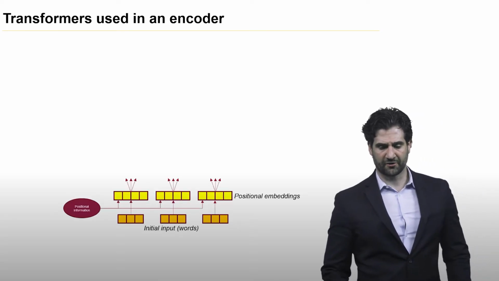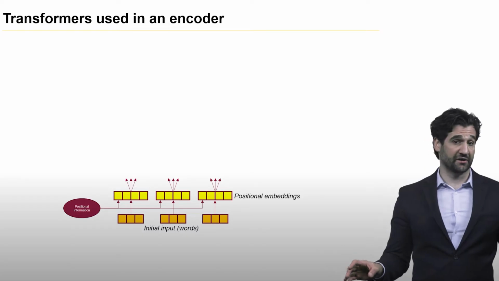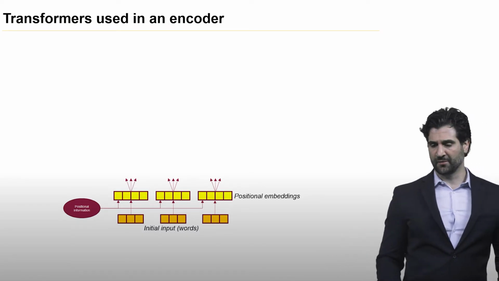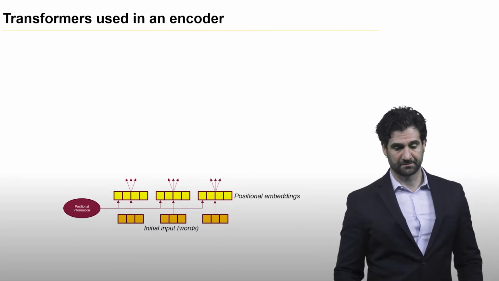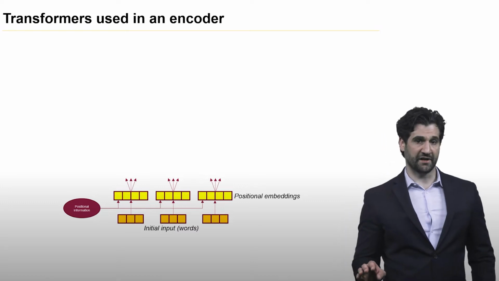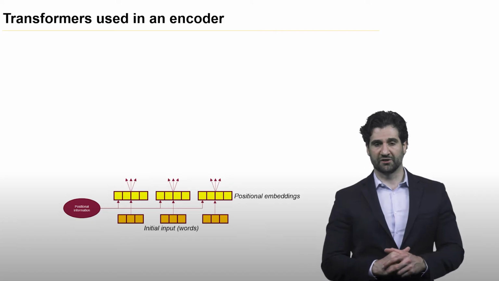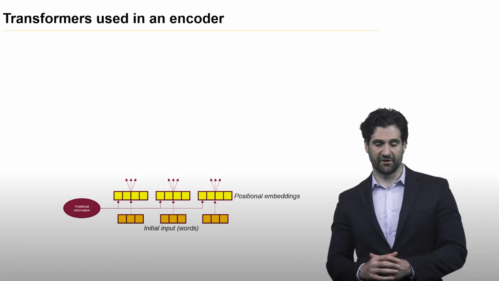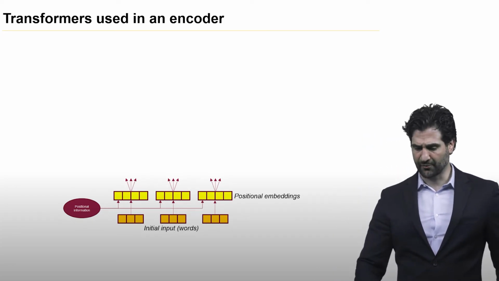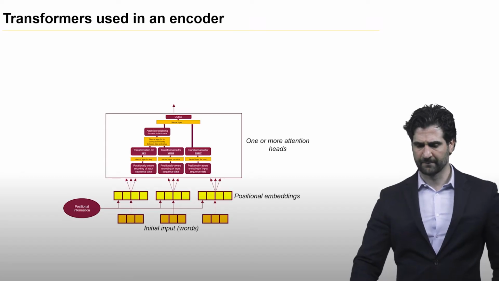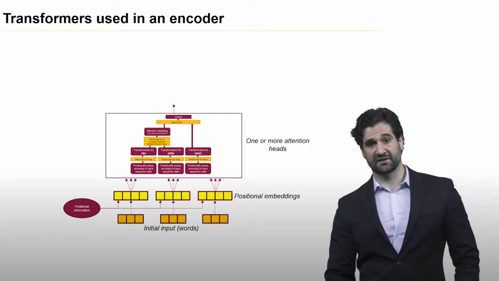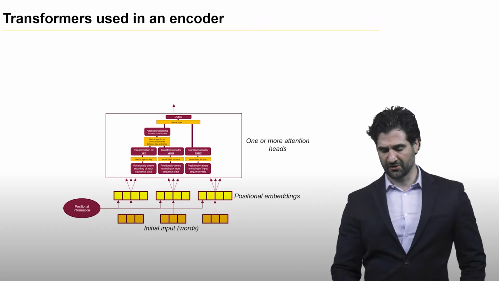That positional information is then combined with the initial input to give you positional embeddings. Notice each of these embeddings has three arrows coming from it because we're going into the three different parts of the transformer architecture, which we see here, and that's the next layer in an encoder.